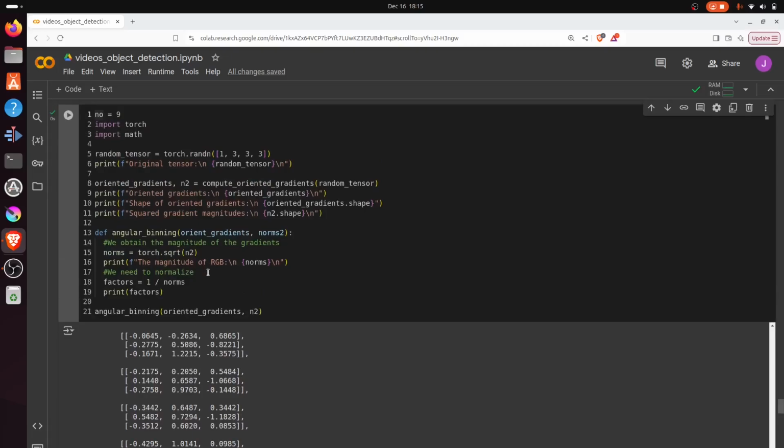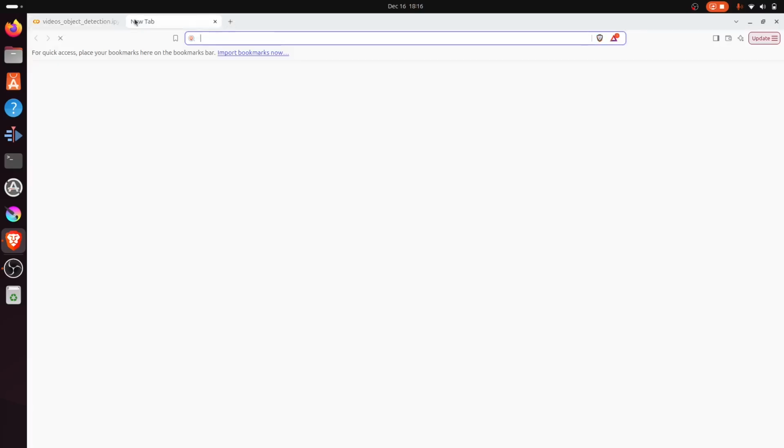Well, we can clamp our tensor. So how does clamping work in PyTorch? Let's have a look at the functionality of clamp.